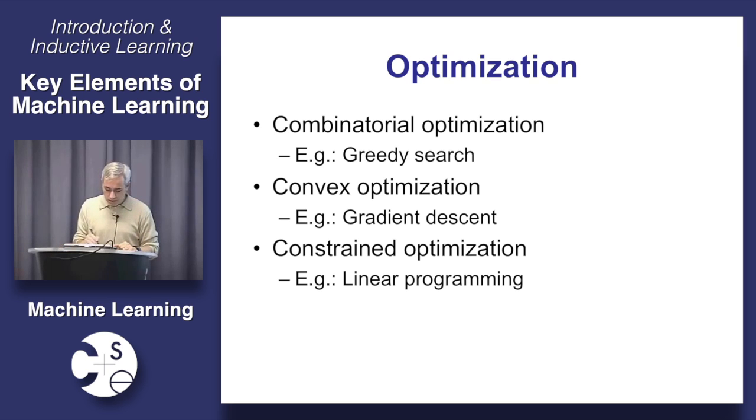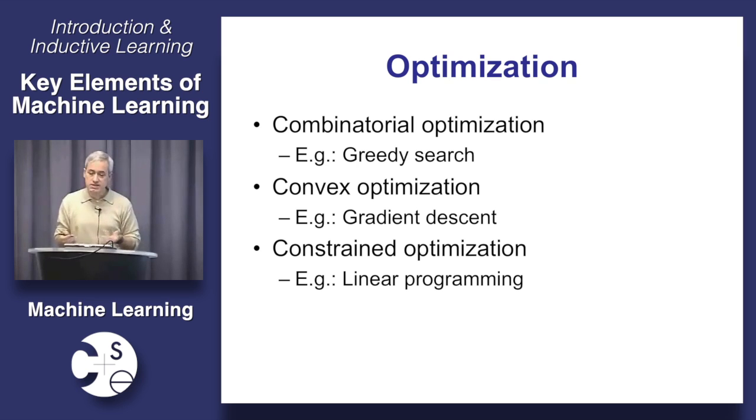And finally, particularly most recently, people in machine learning have started using a lot of constrained optimization. So what is constrained optimization? Constrained optimization, in a way, is a combination of combinatorial and continuous optimization. It's continuous optimization where you are subject to constraints. I have this surface, and I'm not trying to find my optimum on that surface, but I'm trying to find that optimum subject to staying within a certain box. And this box is what the constraints are.